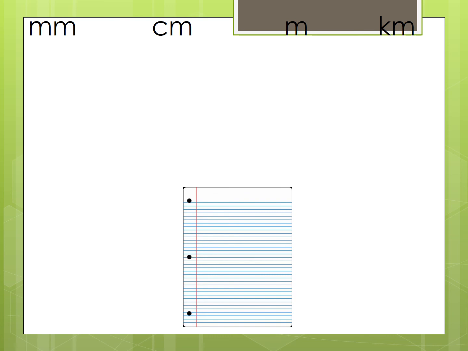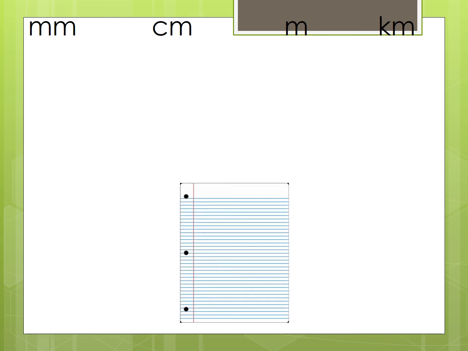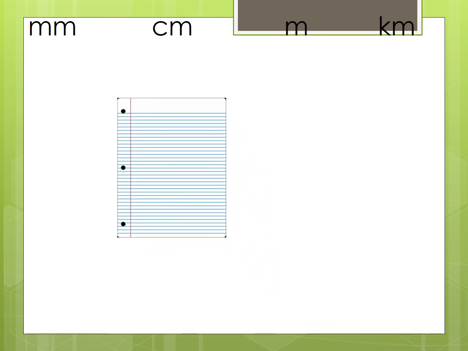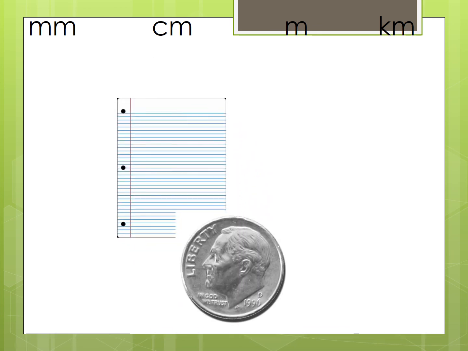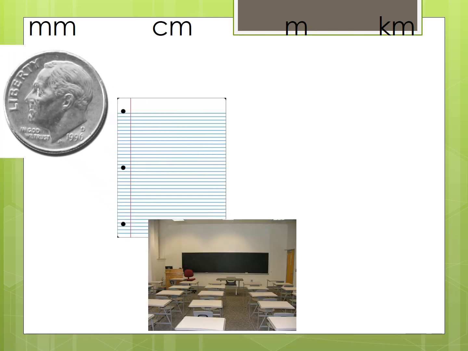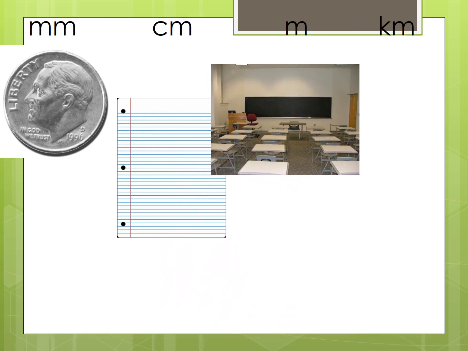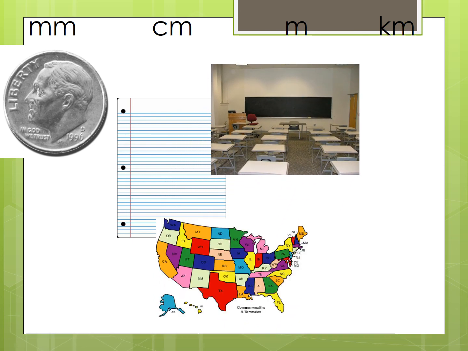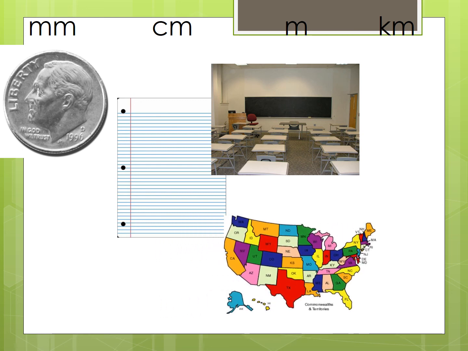So match the picture with the unit. So the measurement of a piece of paper, it's too big for a millimeter, so you use a centimeter. The width of a dime, very small, so a millimeter. Width of a classroom would be meter. Distance in the United States, traveling, you use a large number, so you need a kilometer.